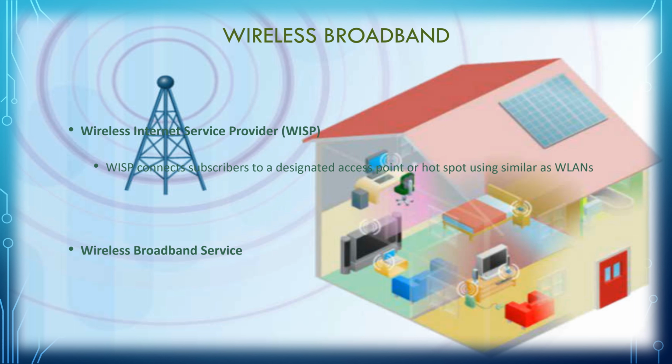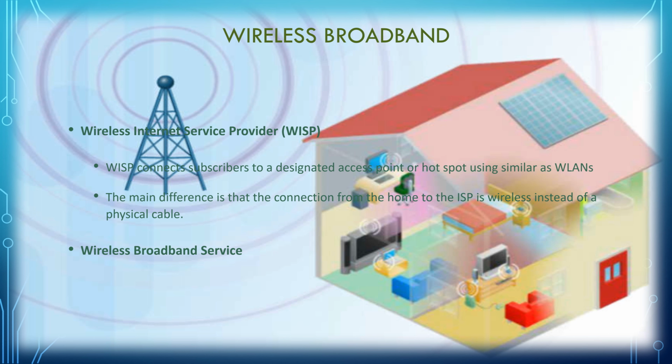The subscriber access point is connected to the wired network inside the home. From the perspective of the home user, the setup is not much different than DSL or cable services. But the main difference is that the connection from the home to the internet service provider is wireless instead of physical cable.